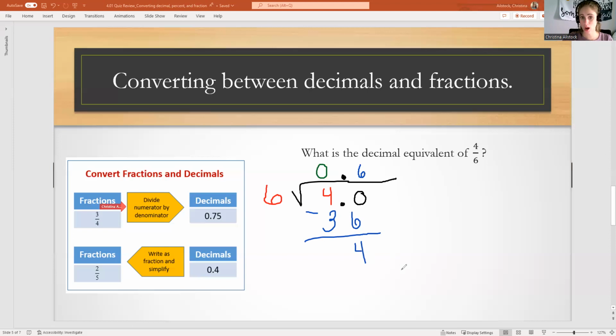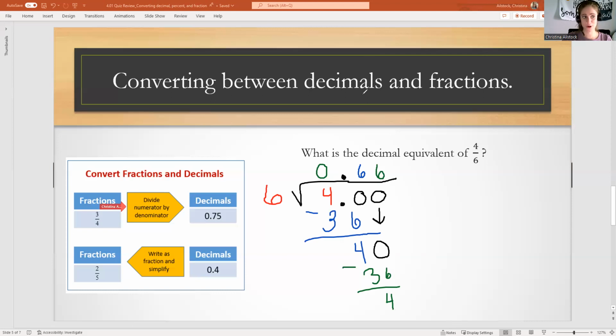We need to continue on until either we have no more remainders at the bottom, or until we notice that there's a repeating pattern, and therefore we would have a repeating decimal. So we can go ahead and add another 0 on, bring it down, and that 4 becomes a 40. That looks kind of familiar. Well, 6 can go into 40 6 times. 6 times 6 is 36, and I'm left over with 4.